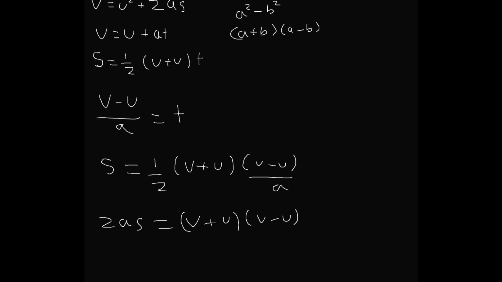So knowing this, you'll just know that 2as is equal to v squared minus u squared. And finally, you can isolate v squared by adding u squared onto both sides, and you end up with v squared is equal to u squared plus 2as.